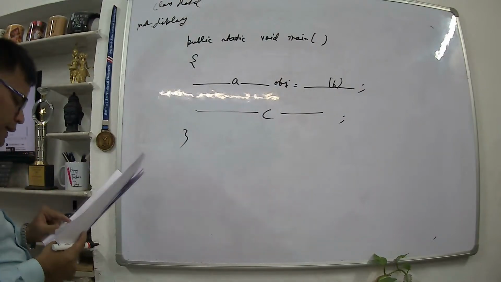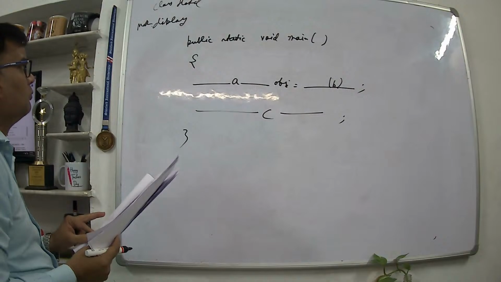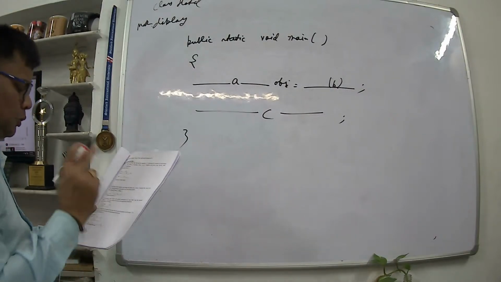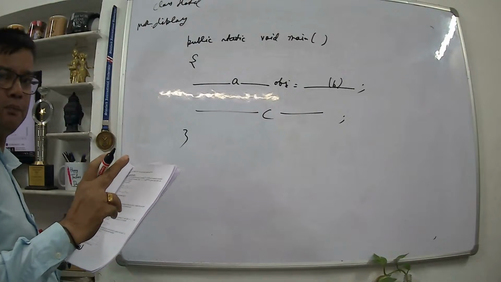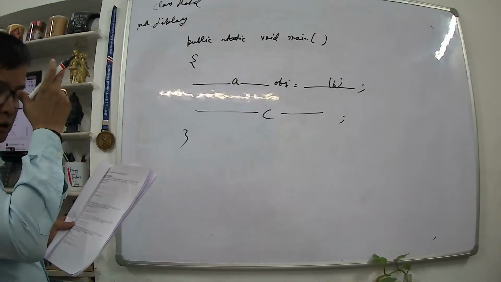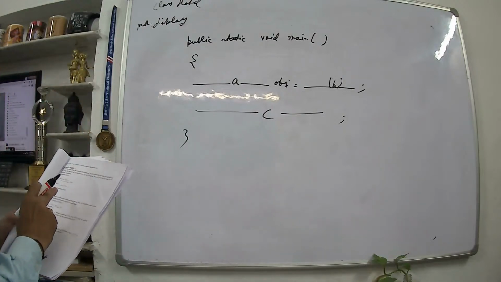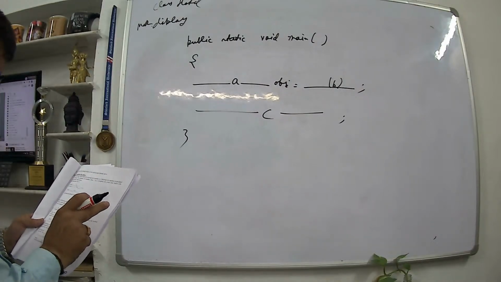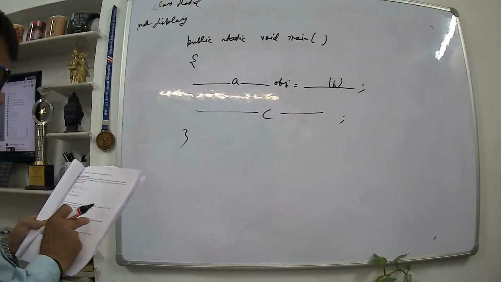So option A, it says void obj. The first one is creating the object of the class. What's the class name? Hotel.